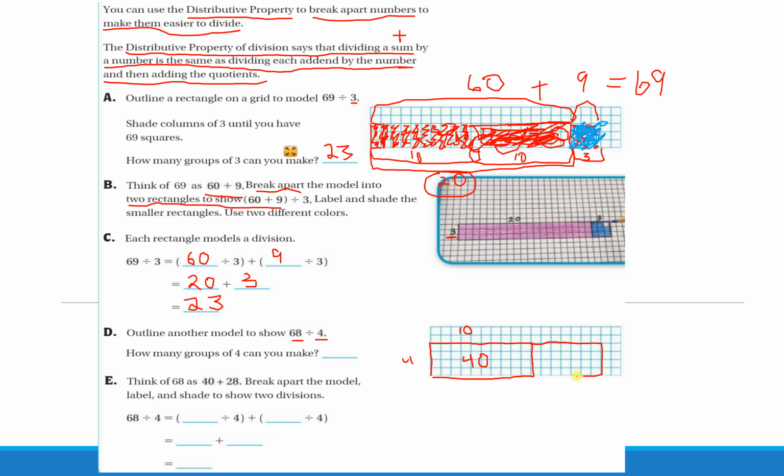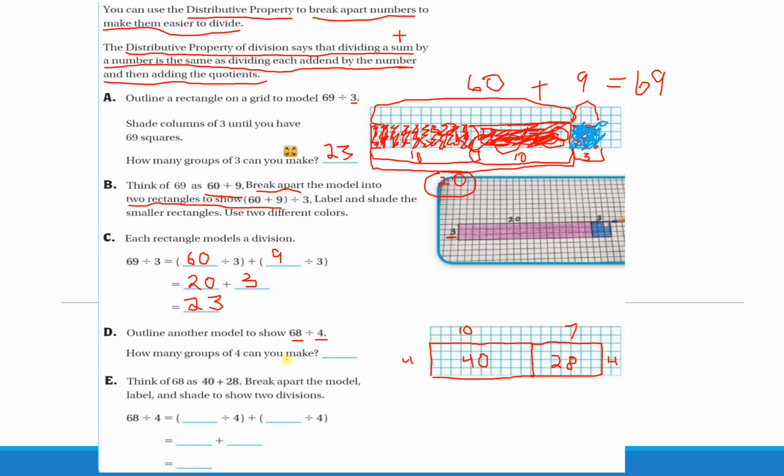So we have 40 here, and again, we still have 4 along the side, just like we had 4 along the side over here. But now we have 1, 2, 3, 4, 5, 6, 7. And 7 times 4 is 28. And you can see 40 plus 28 would get us right back to 68.